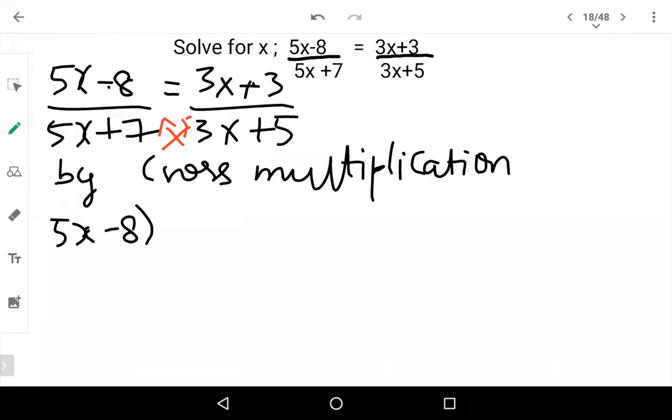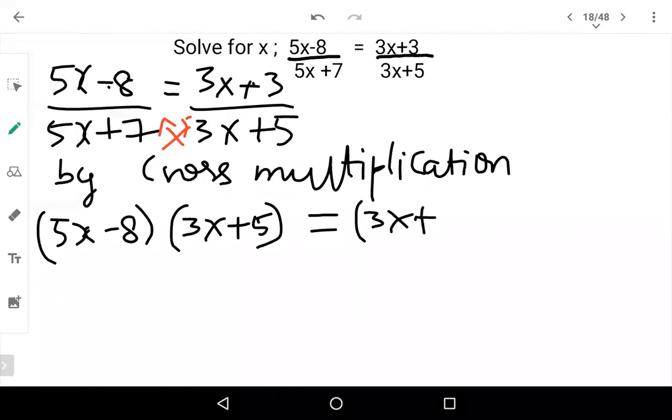I'm going to keep 5x - 8 as it is, and I'll take 3x + 5 to the other side, is equal to 3x + 3. 3x + 3 will remain, and to the other side 5x + 7. So this we will get when we do the cross multiplication. Now let us multiply the equations.